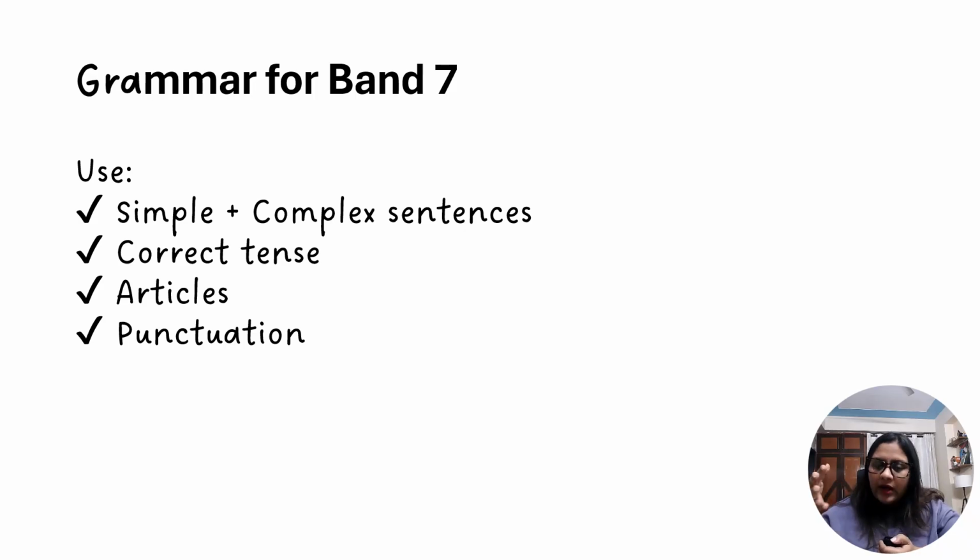If you know it and use it in your writing, it shows that this student knows what they're writing about, and that puts an impression. So these are some small things which you can inculcate in your writing and which can make you stand out, and it can make you achieve that band 7 which you're craving for.